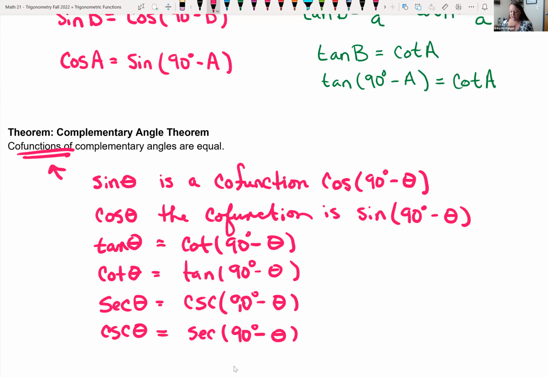We could rewrite these. Recall that when we were talking about radians, 90 degrees is pi halves. So we could rewrite these without 90 degrees, and if we were in radians, we could write it with pi halves. So let's look at a couple of examples using the complementary angle theorem.